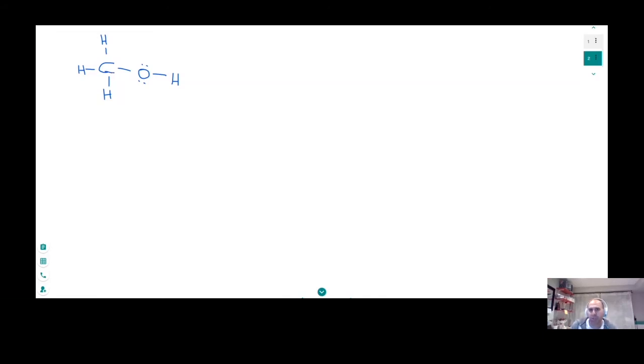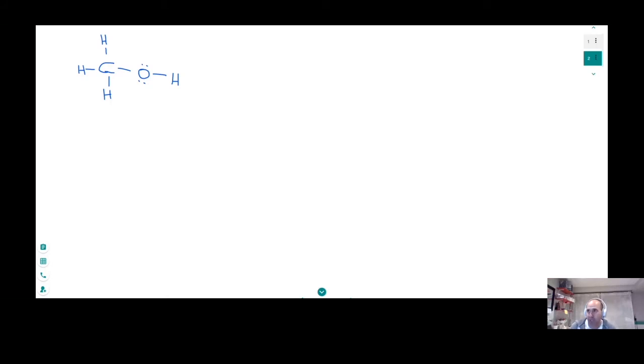Now, here's the deal. Geometry is something we care about when we have an atom bonded to more than one other atom, right? So this carbon is bonded to 4 other things, so we care about the geometry. The hydrogens are each only bonded to one other thing, so we don't care about that.